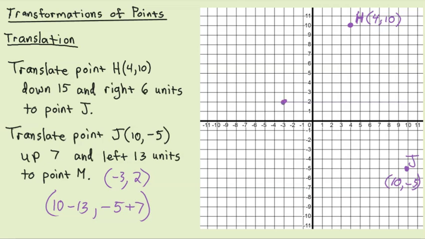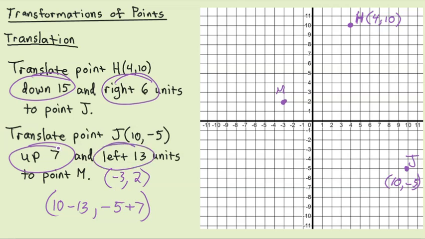And so this point right here is point M. And sure enough, that point is the point -3 and 2. And so with translations, all we have to do is add to our y value if we're going up, subtract from our y value if we're going down, add to our x value if we're going to the right, and subtract from our x value if we're going to the left.